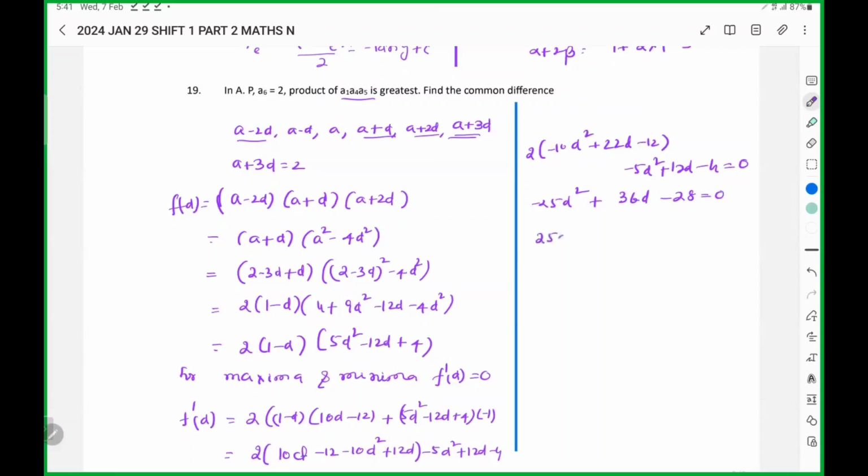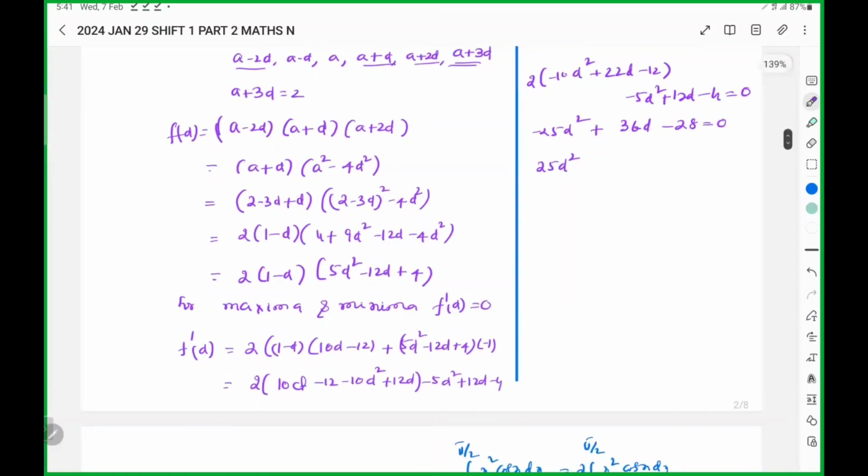That is 25d square minus 36d plus 28 is 0.